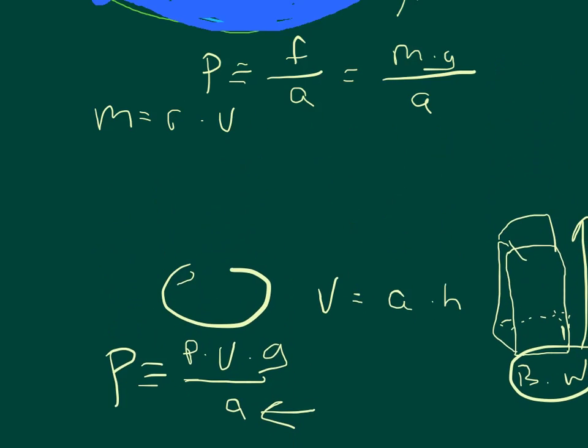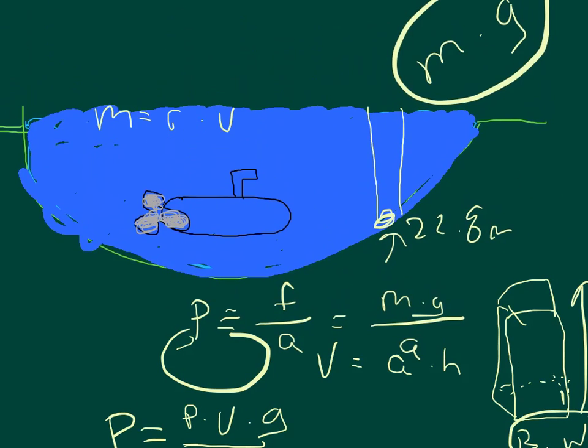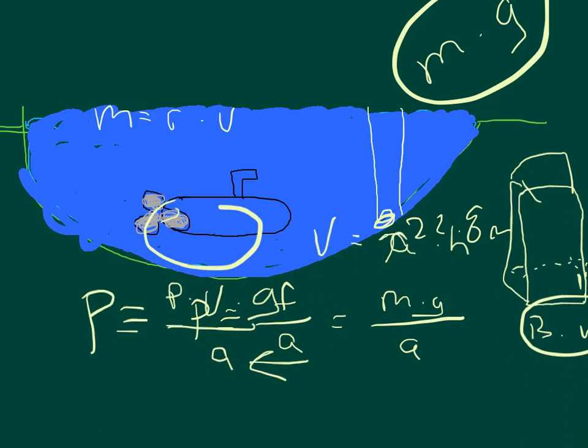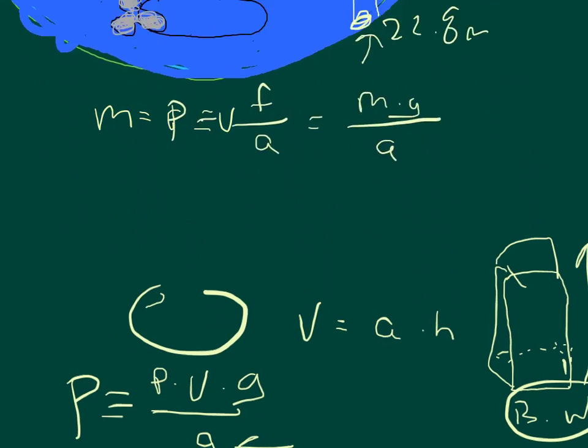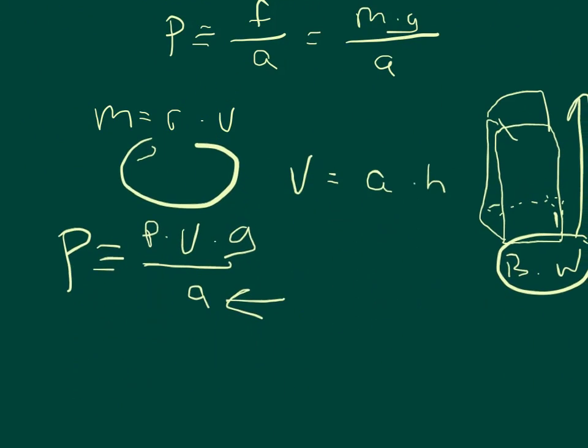When we were saying earlier that it was pushing down on the area right here, we were talking about the base times the width. And when we're trying to figure out the volume, this actually cancels out, because the volume equals the area times the height. So we can plug in area times height instead of volume.